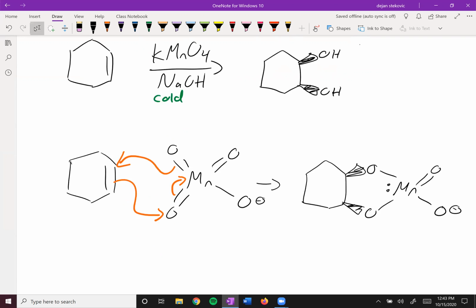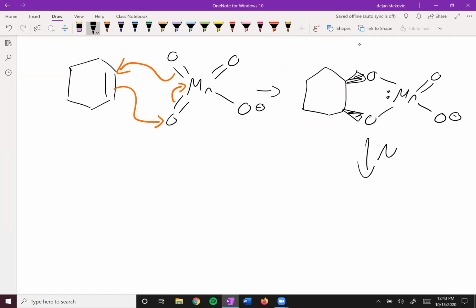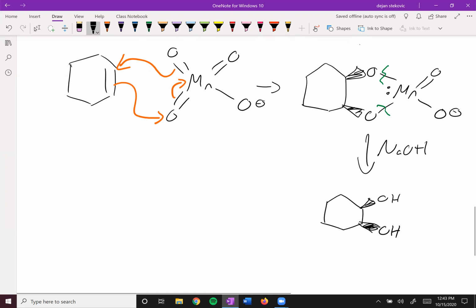And then we add some sodium hydroxide to cleave up these bonds, and eventually end up with our alcohol.